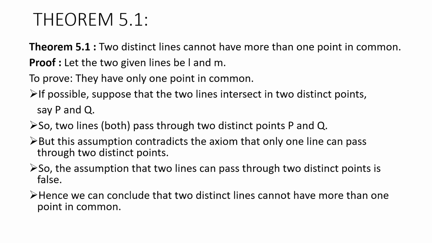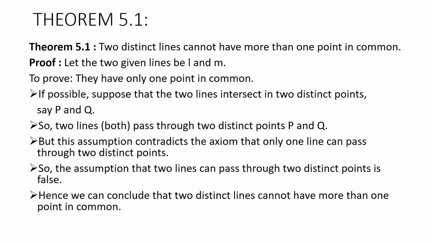It is very obvious. Let us try to prove it. You have to prove that if there are two distinct lines, say L and M, then they cannot have more than one point of intersection. For example, let us assume that the two lines intersect in two distinct points P and Q. So, two lines both pass through two distinct points P and Q. But this assumption contradicts the axiom that only one line can pass through two distinct points.